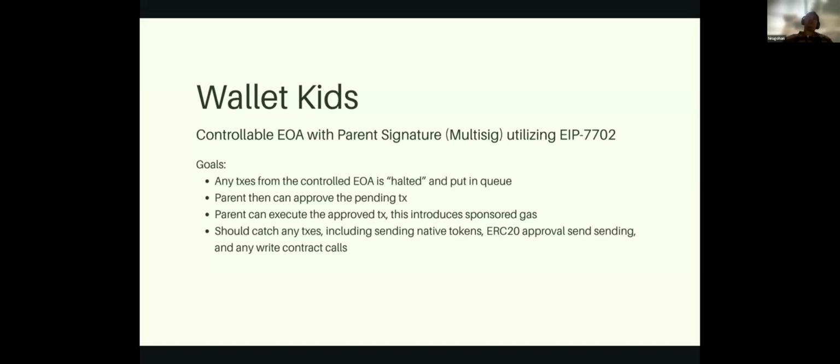This was the design before I dove into 7702. I was trying to have any transaction, for example when the kid wants to transfer their USDC to someone else, intercepted by the smart contract, which then stores the call data and lets the parent review whether the transaction is secure, that they don't send the money to an unknown address or anything.